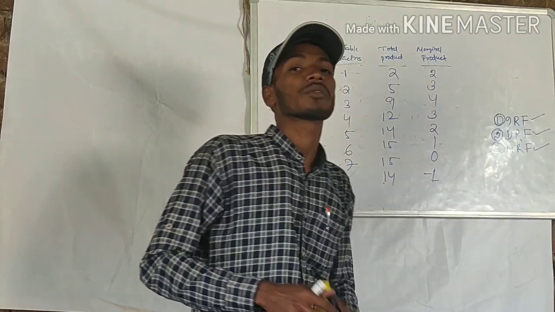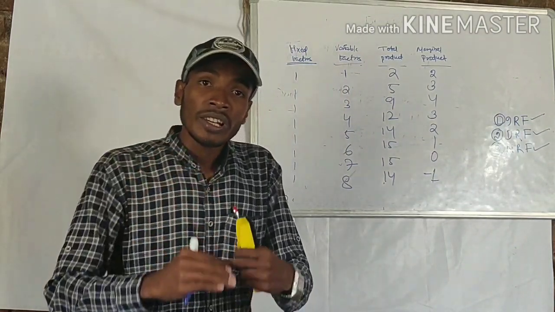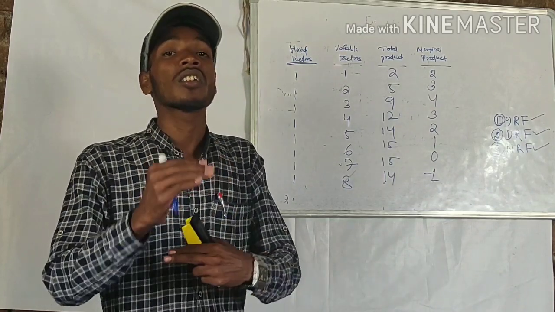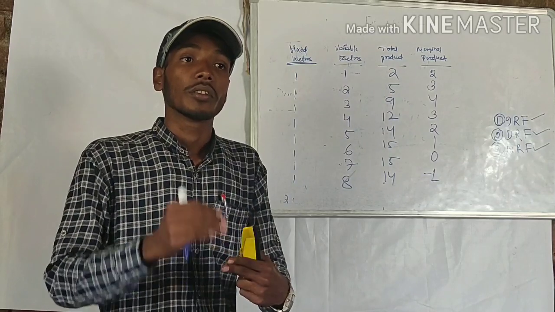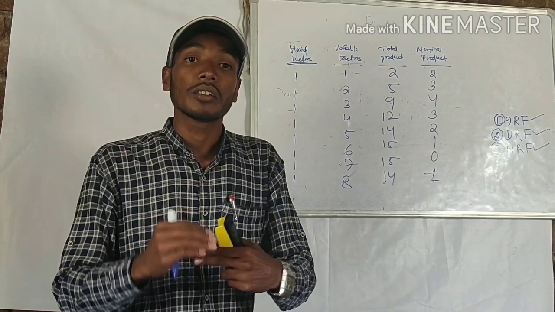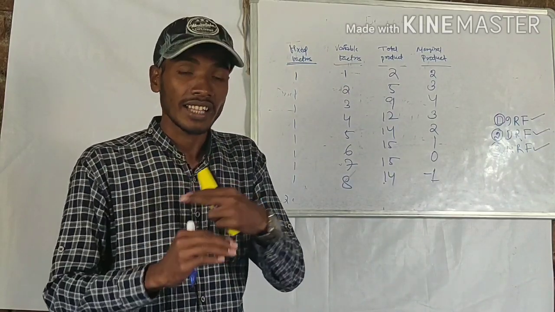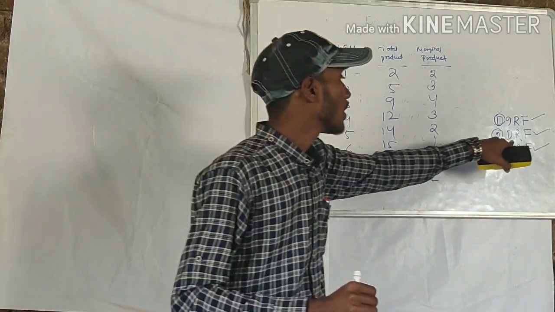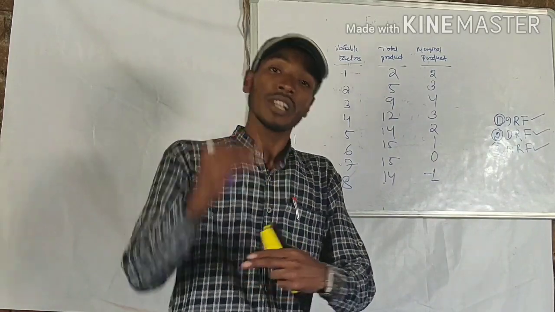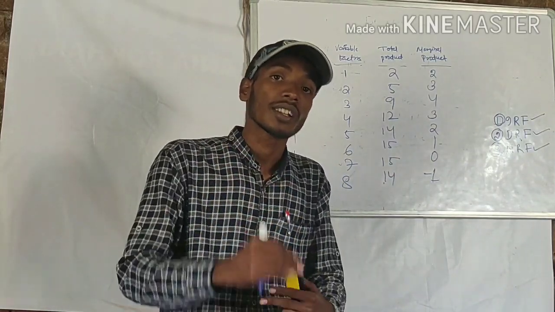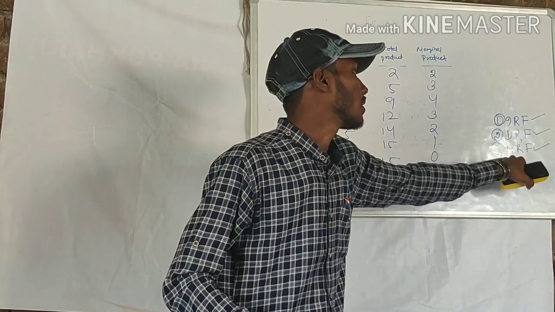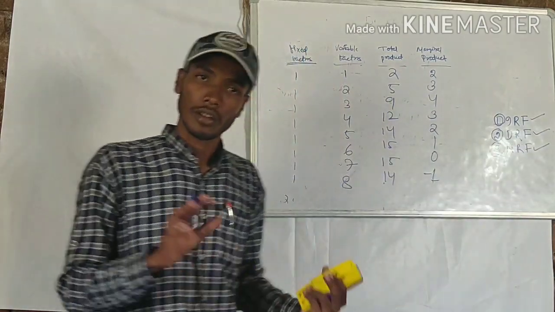We get returns from factor inputs, and whatever product or output I get as returns is in increasing terms, or at an increasing rate. In this way, diminishing returns to factor means whatever returns I get from using the factors, I get at a diminishing rate, and in the same way the returns will be in negative terms. Understand?